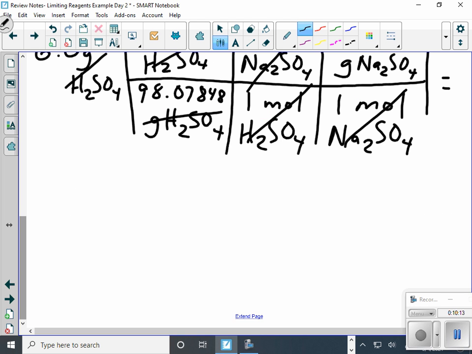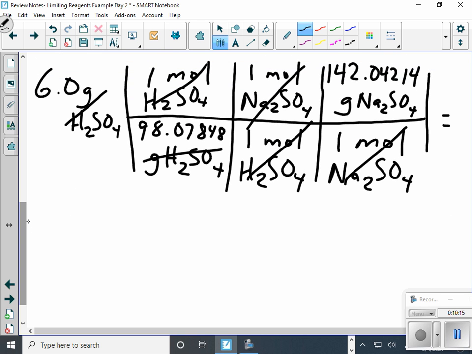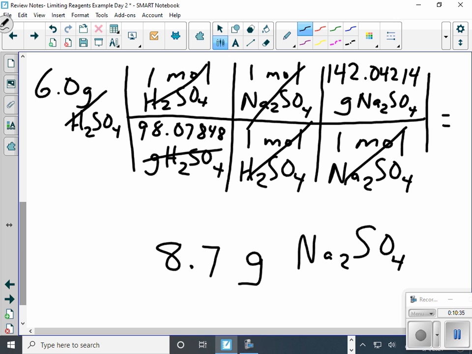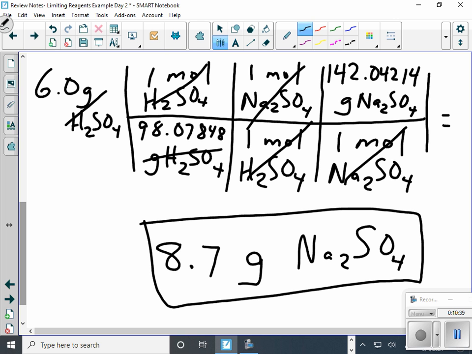My final label then is going to be grams of Na2SO4. And when I did my math, it came up to be something like 8.69 and so on. So it's going to give me, rounded to 2 sig figs, 8.7 grams of sodium sulfate.